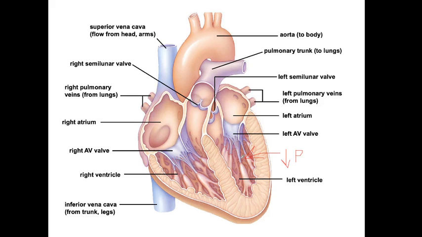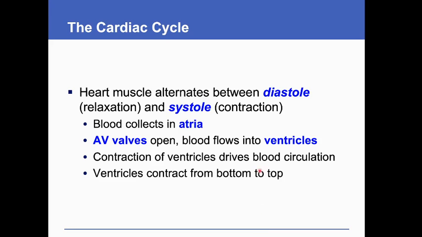And so you will alternately have high pressure squirting into your aorta and then lesser pressure during these periods of relaxation. For this reason, when we take your blood pressure, we always record two numbers: the high pressure number when your heart is contracting and the low pressure number when your heart is relaxing.